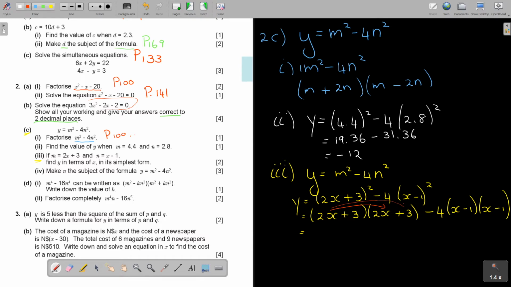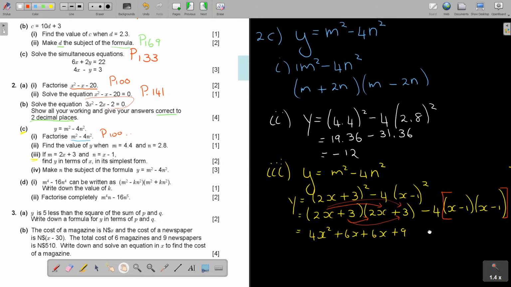Multiply, multiply, multiply, multiply. So I will get 4x squared plus 6x plus 6x plus 9. Now, please put a bracket there.